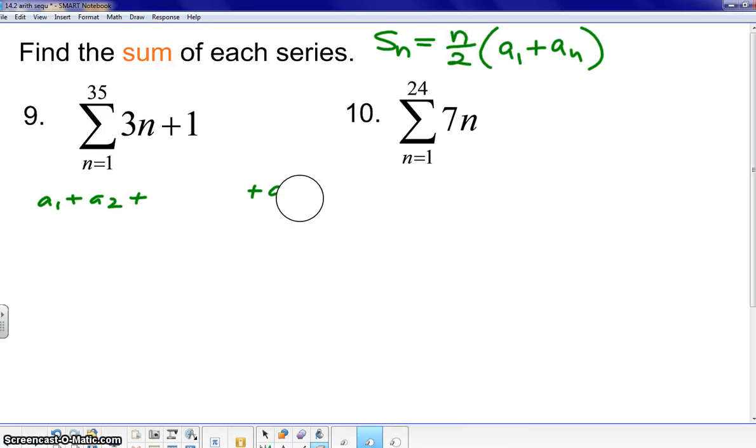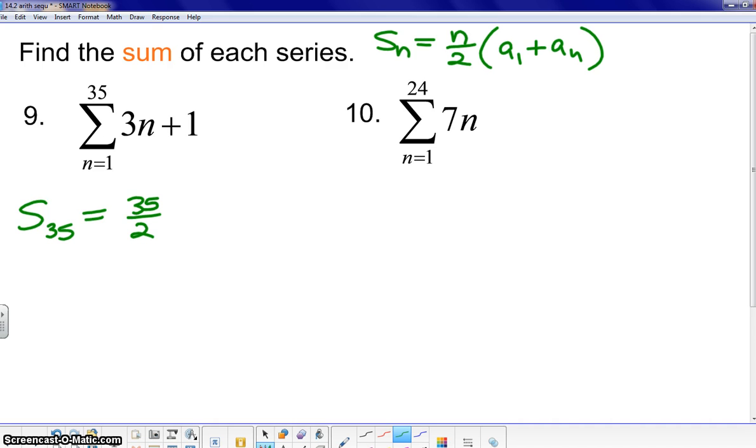Okay, so let's go ahead and use that formula for this one. It is saying that we have the sum of 35 numbers. So n is going to be 35 in this case, 35 over 2. I'm using the formula up here to find the sum of these numbers. And the first term, or a sub 1, is going to be 1 plugged in for n.